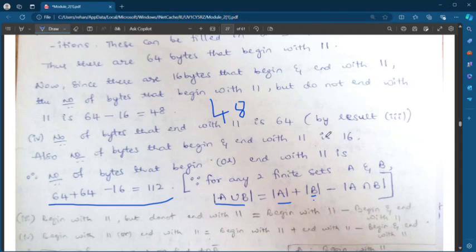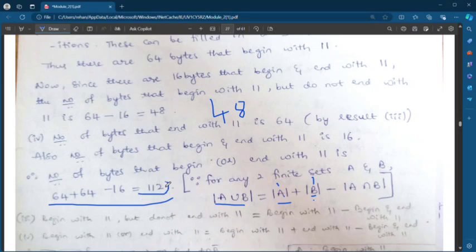So you understood, right? This is begins with 1 1, this is ends with 1 1, and this is minus which begins and ends both with 1 1. So that will give me A union B, which can be either A or B. 64 plus 64 minus 16 is equal to 112.